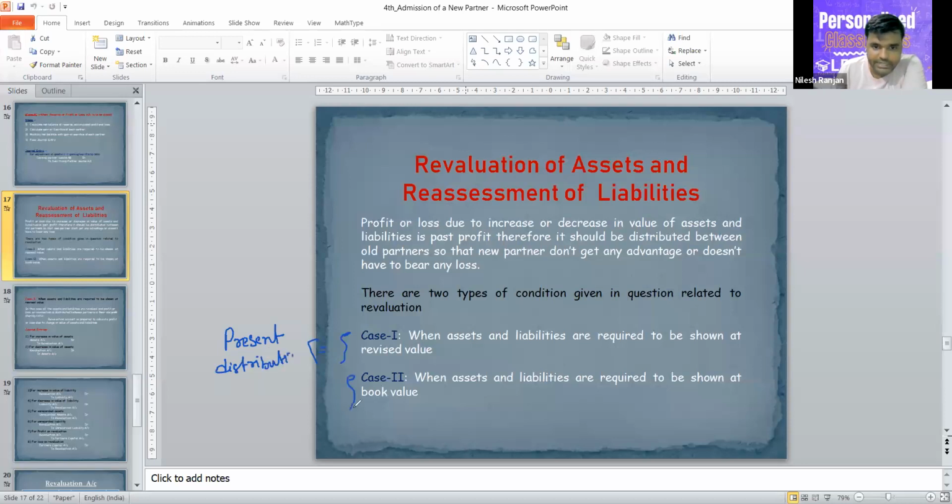And the second case is when assets and liabilities are required to be shown at book value. So now it is future distribution, meaning we will distribute the revaluation profit or loss in future, but the new partner will get some extra benefit due to this. That's why he has to pay that extra benefit to the existing partners right now.